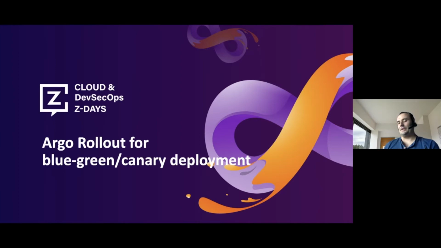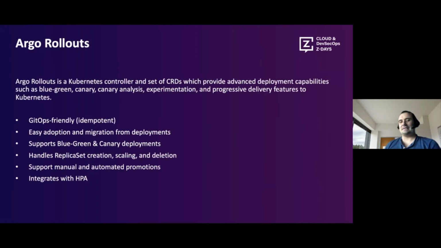Let's look at my use cases: how to really implement Blue-Green deployment or Canary deployment to a Kubernetes cluster using Argo CD and Argo Rollouts. Argo has a controller called Argo Rollouts. What does this controller do?